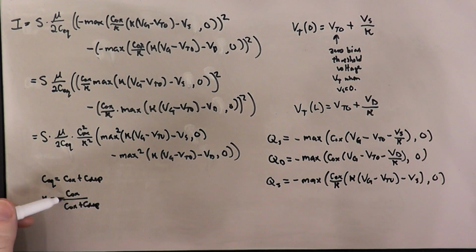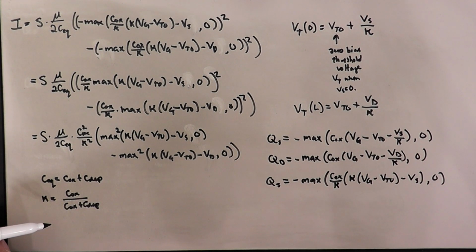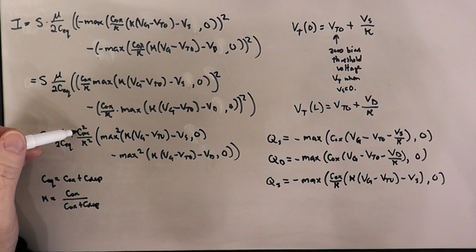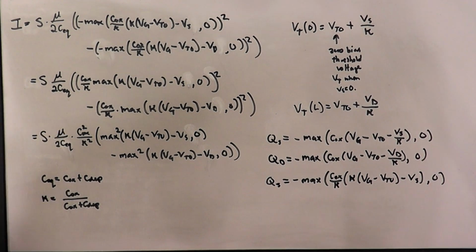This is a capacitive divider ratio between the oxide and the depletion layer capacitance. And so this C equivalent here and one of these Cox's is actually equal to kappa.